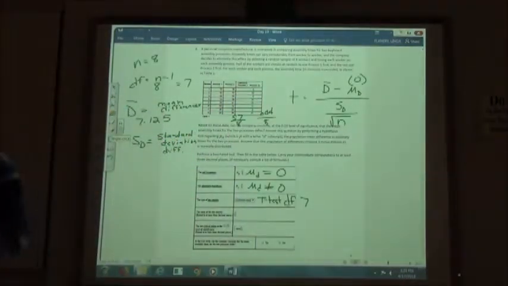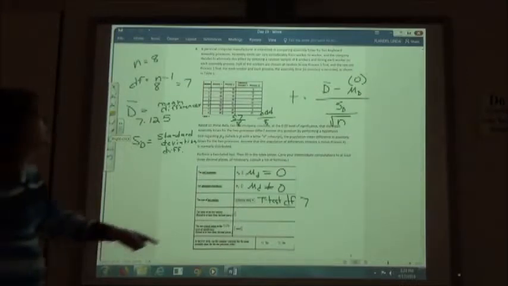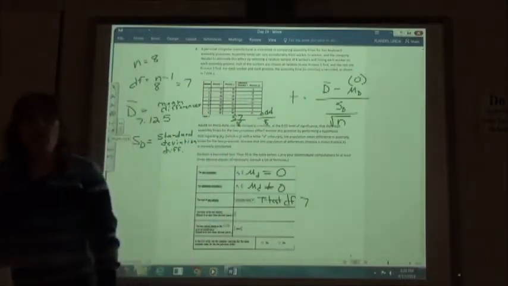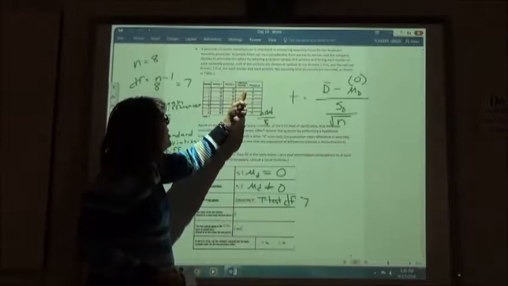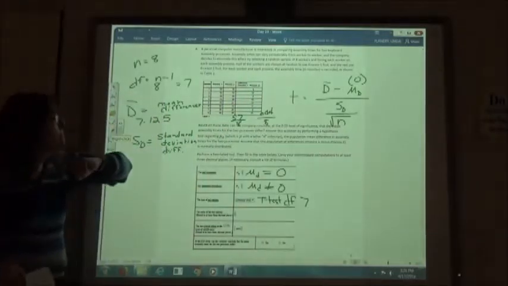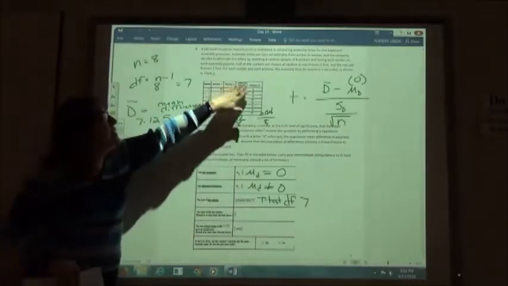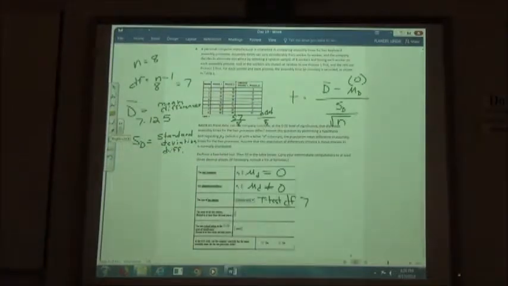Under the stats in list 1, we're going to enter in this data because we probably don't want to have to do the standard deviation formula since it's that great big long formula. So stat 1 to edit, put in those values from the table, the differences, in list 1.